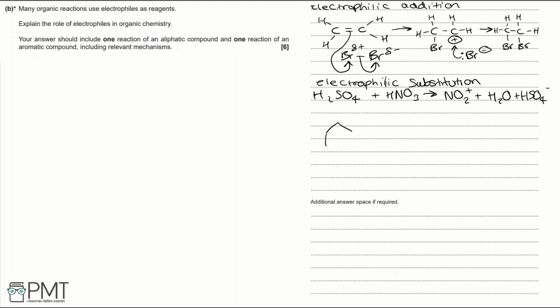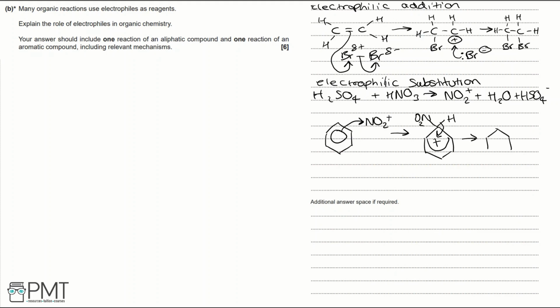The benzene ring is an electron-dense region, and so will be attracted to our electrophile, which is NO2+. And then we'll form our intermediate, again a positive intermediate, where we have a half completed benzene ring with a positive charge, a hydrogen, and an NO2 group ready to be attached at the end.